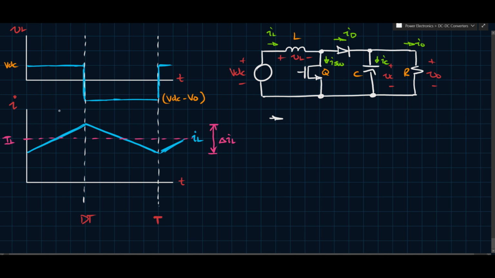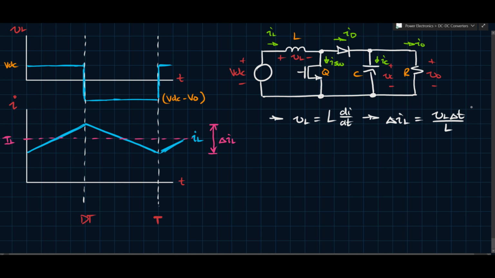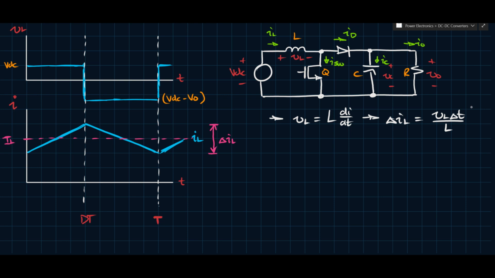If we look at interval 1, from 0 to DT, we know that VL is L di/dt, and if we rearrange this, we get that delta IL equals VL delta T over L. The d turns into delta because we're considering a wider time span as opposed to infinitesimally small durations. We're thinking about a larger time than a small time, so we change the d to a delta.